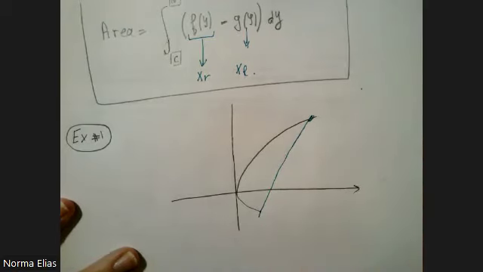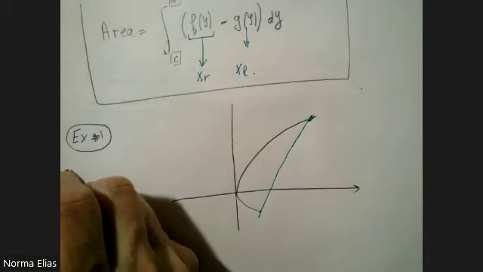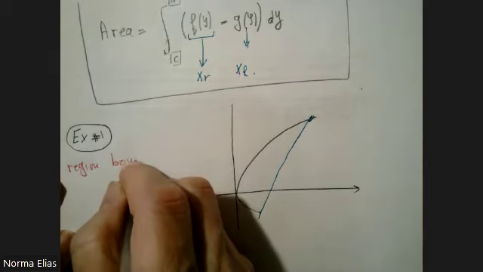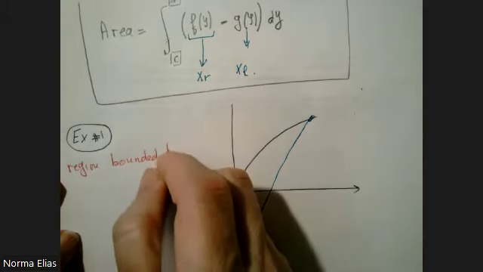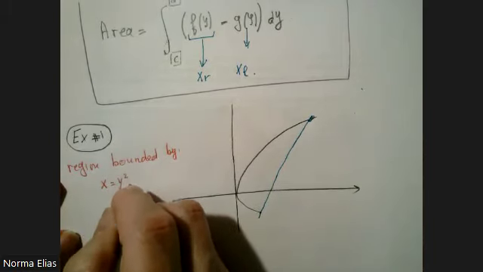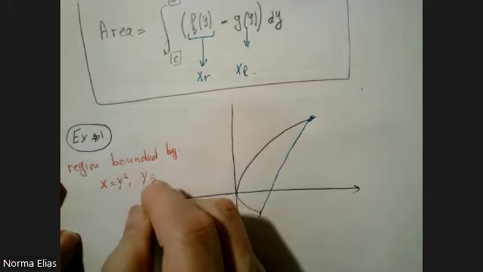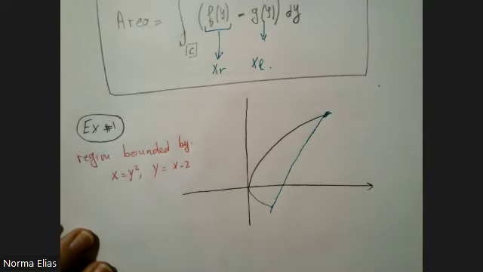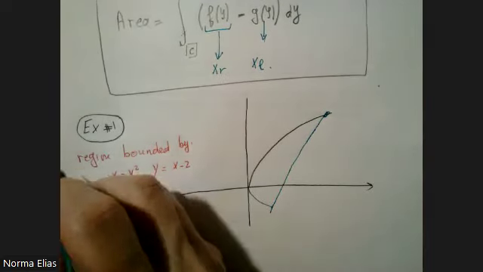That's the region. So the region bounded by x equal y squared and y equal x minus 2. That's the region. And the question is, find the area.